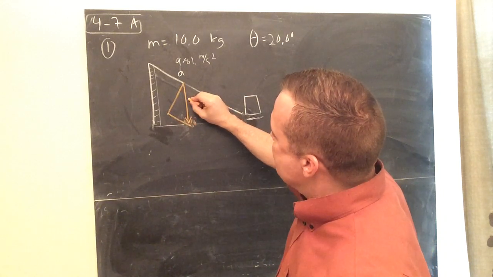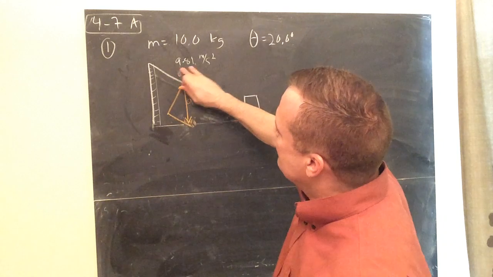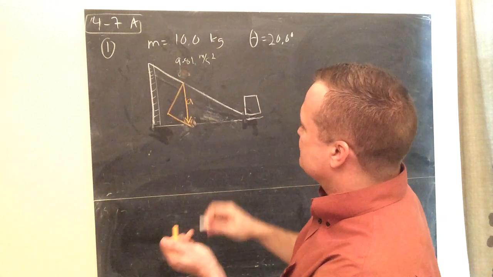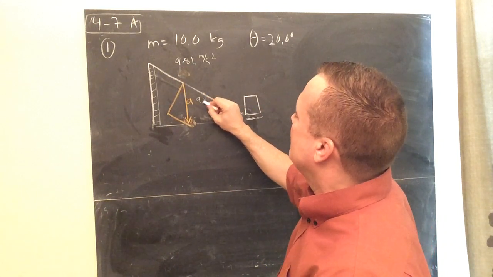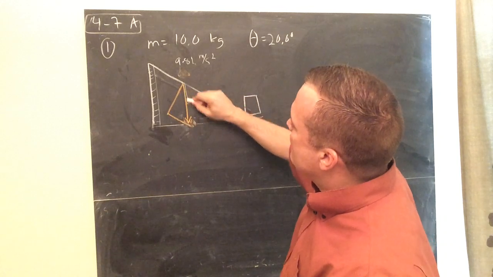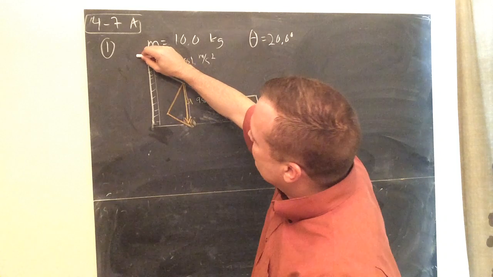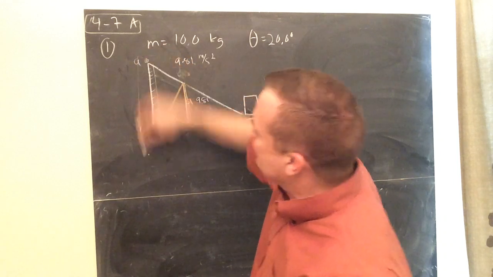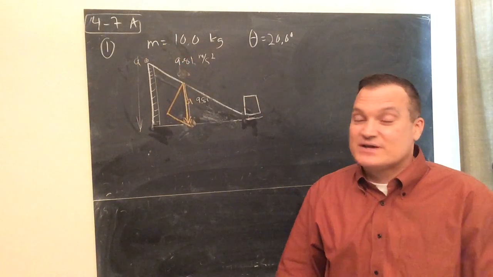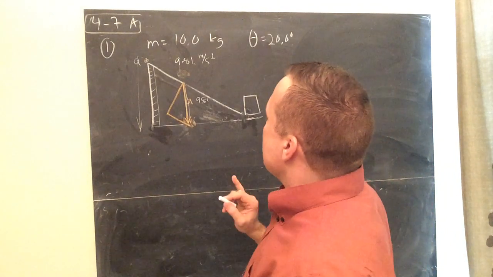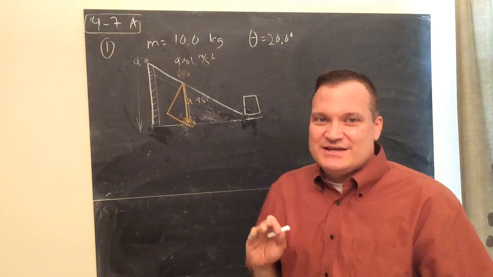This represents A, the acceleration of gravity, which is 9.81. I should probably have put it right there. So if you go straight down, off the side, as you accelerate, you're accelerating at 9.81. That's your acceleration. But now, here's what I want to show you. Watch this.